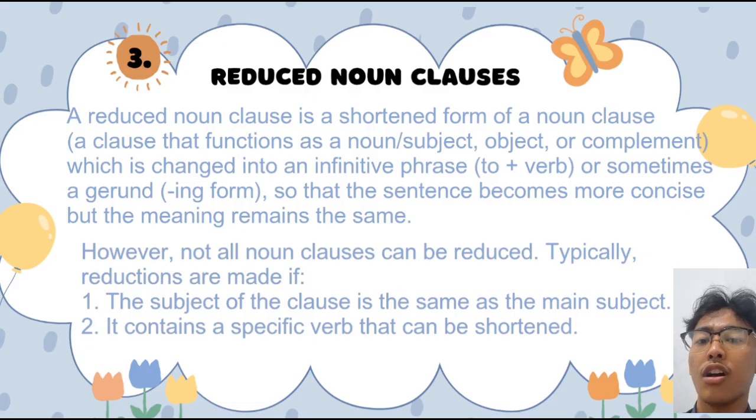However, not all noun clauses can be reduced. Typical reductions are made if: 1. The subject of the clause is the same as the main subject. Number 2. It contains a specific verb that can be shortened.